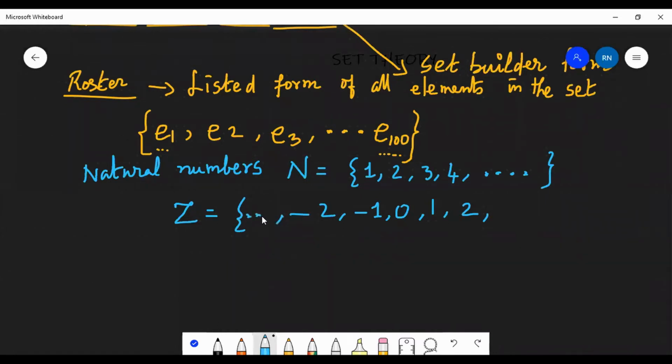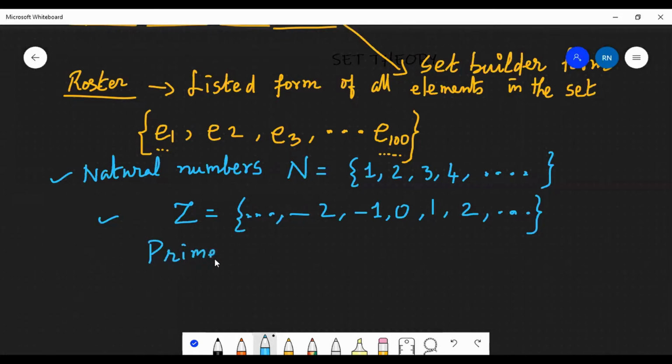So to the left it is never ending, and to the right also never ending. This is how we write the elements of the integer set. This is just to give you some examples of how to put the list in roster form.